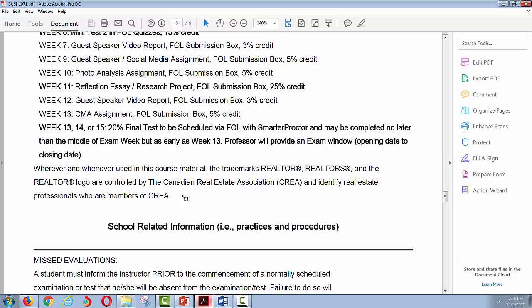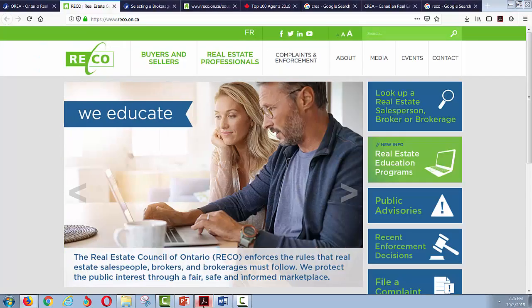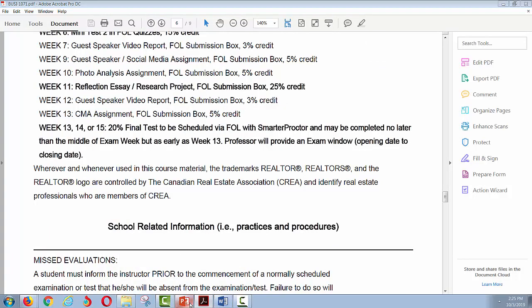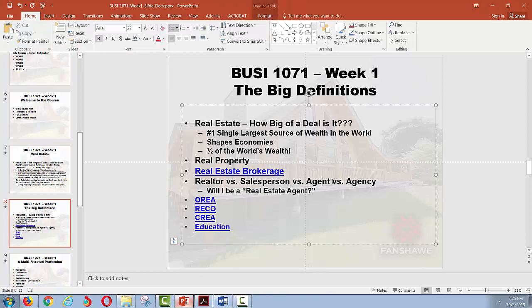and realtor is a trademarked term. Okay, so in terms of legalities and what things mean in Ontario, to refer to yourself as a real estate agent is actually completely incorrect. This has been the commonly misused term in Canadian real estate because of how we defined an agency relationship for a long time.